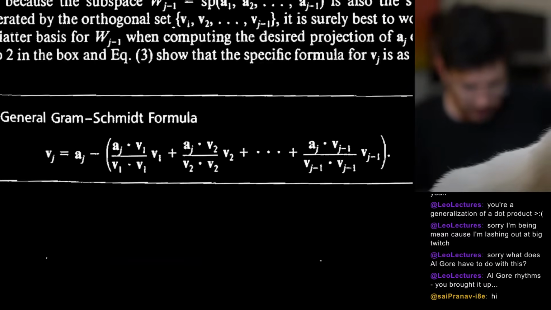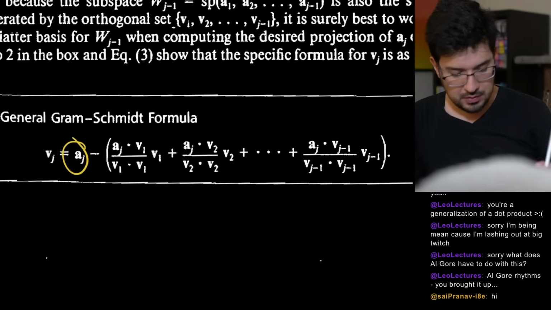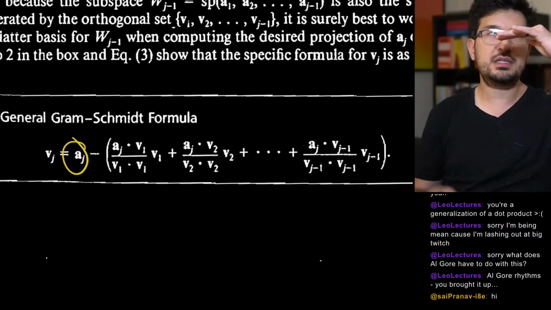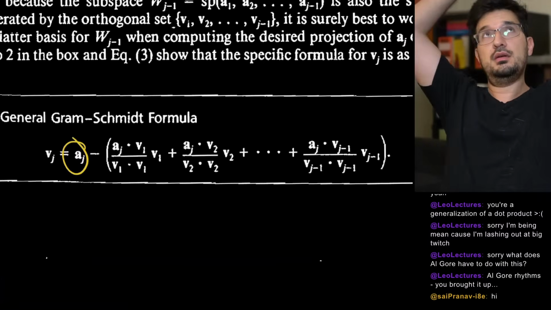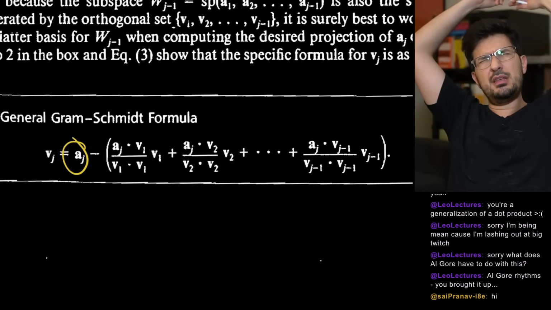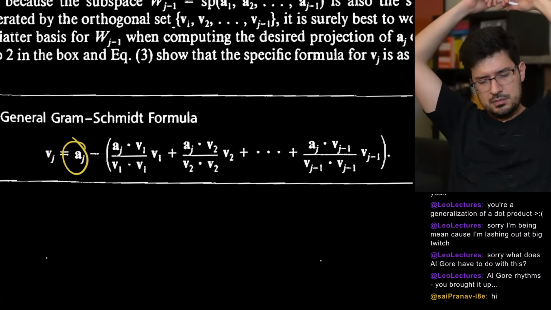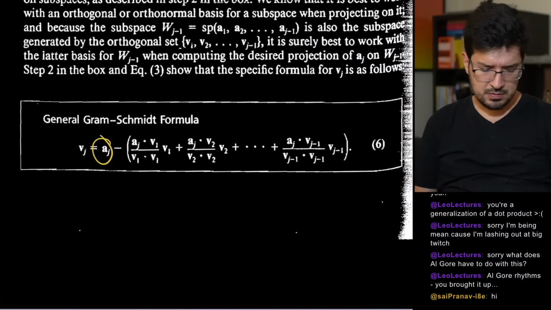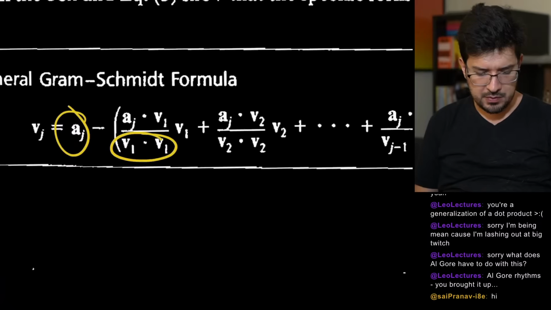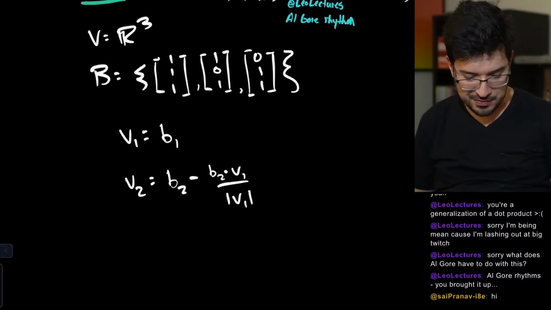Okay, so yes, AJ is fixed, and then we're taking this basis vector and subtracting its projection from each of the previous orthogonal subspaces. And then this is v1 dot v1. It's been a little bit, I had to remind myself of a couple things here.